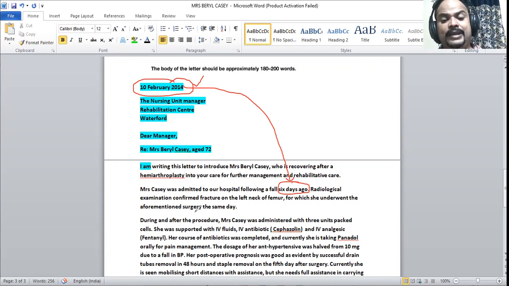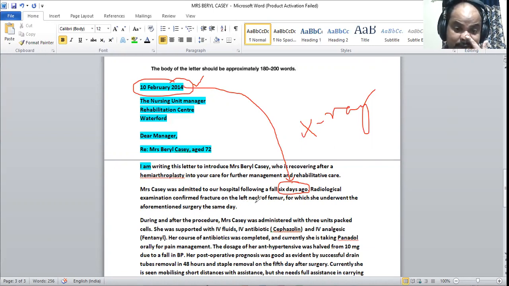Now, radiological examination, the case note you have seen, it was X-ray. So we have not copied that thing. So we went with the radiological examination, confirmed fracture on the left neck of femur. So this is the diagnosis for which she underwent the aforementioned surgery the same day. So the same day means it was on 4th. Okay, again, it is connected.